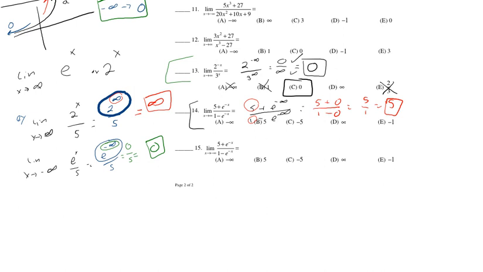Well, in the other situations, you were adding it to infinity, right? If I was doing 5 plus infinity over 1 plus infinity, the 5 and the 1 wouldn't matter. But because these e's are going to 0, my exponents are going to 0, the 5 and the 1 really do matter.